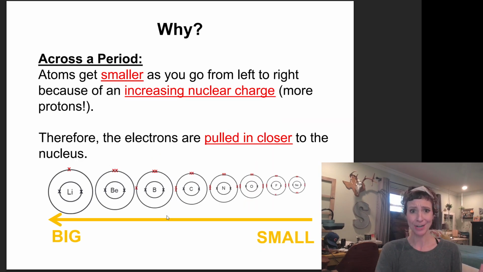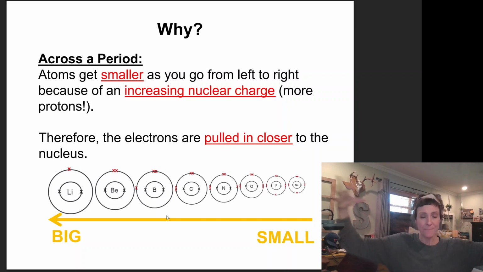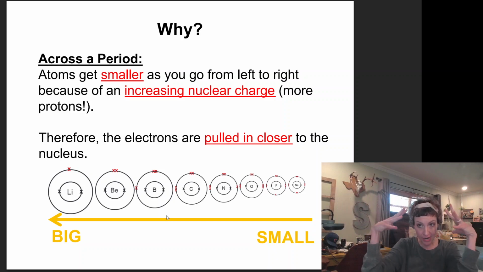Okay, now let's talk about across a period. Across a period, your atoms get smaller as you go from left to right because of an increasing nuclear charge. When I talk about nuclear charge, I'm talking about the part of the nucleus that has a charge. It is not neutrons. It is the protons on the inside. They have a positive charge. Let's talk about why this is important. To pull in my energy levels with electrons, that positive charge is going to be attracting those negative electrons.